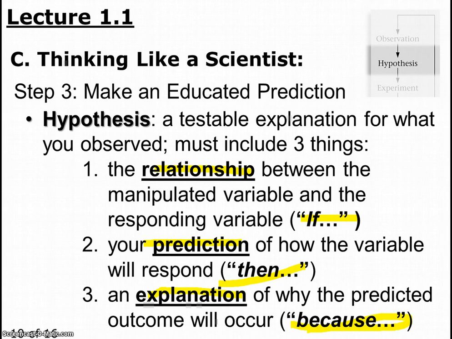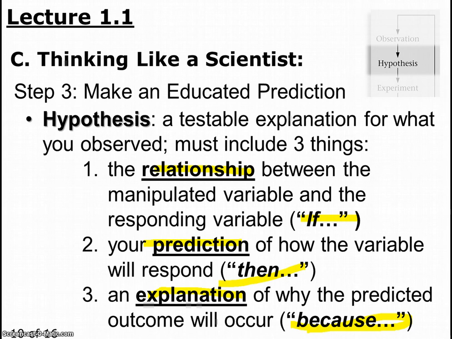If my daughter were to have written down a hypothesis for her sandwich in the VCR, it might have been something along the lines of, if the sandwich is a rectangular object and the VCR opening is rectangular, then the sandwich will fit into the VCR because a rectangle will fit into a rectangular spot.